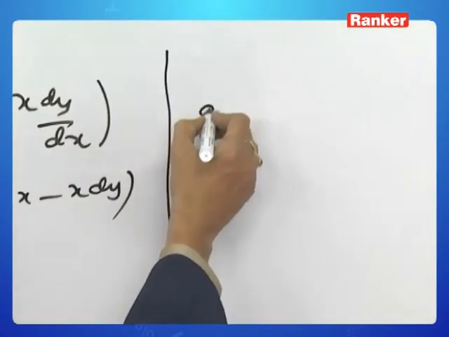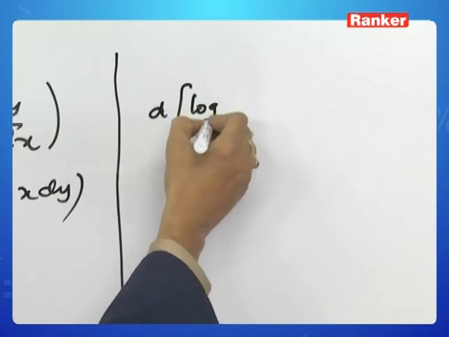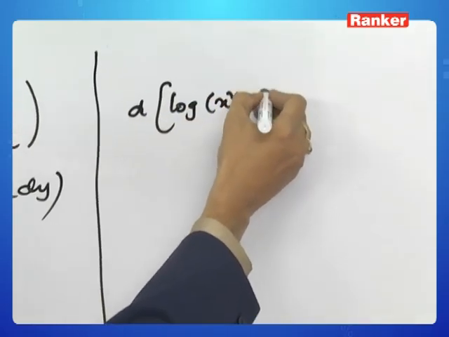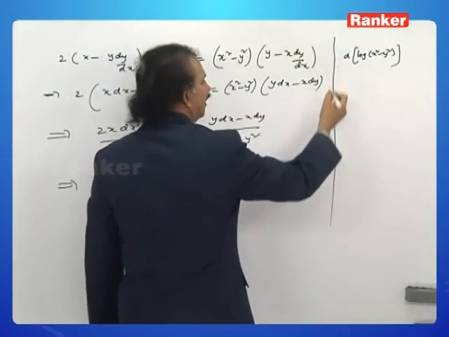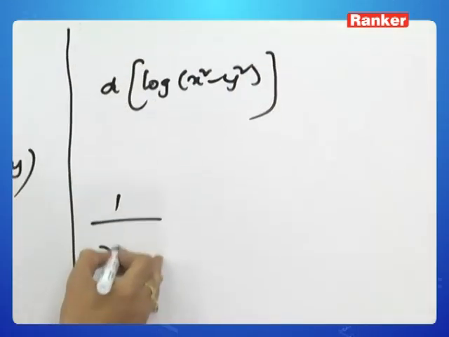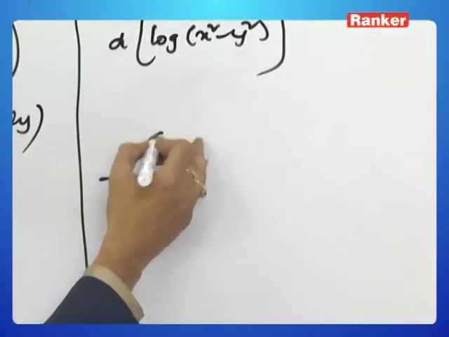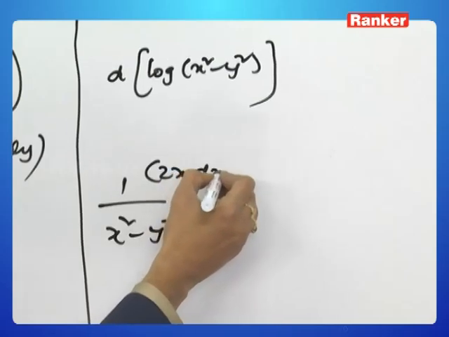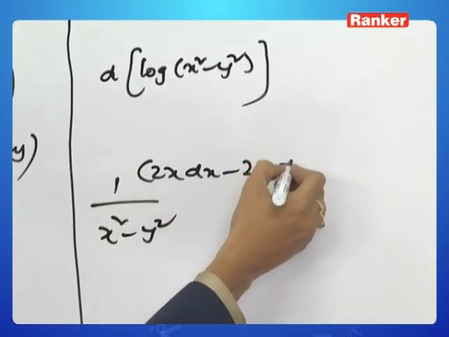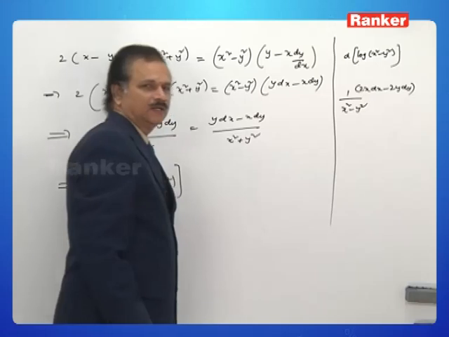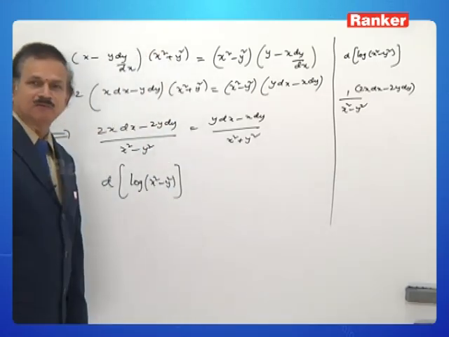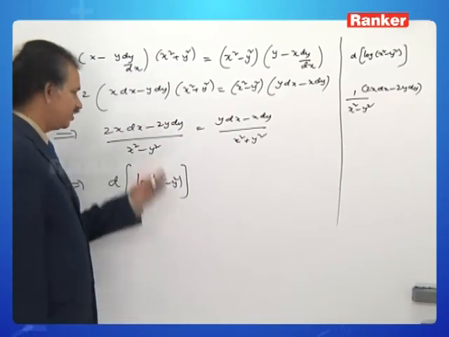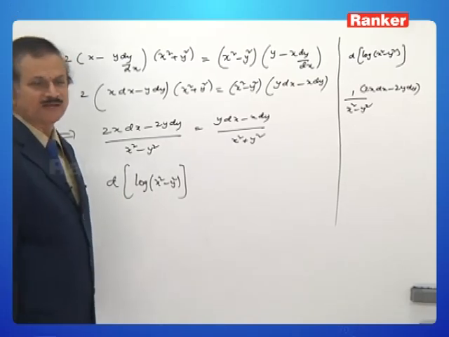What is d of log of x square minus y square? It is 1 by x square minus y square, and for x square it is 2x dx and for y square it is 2y dy. It is straight and simple.